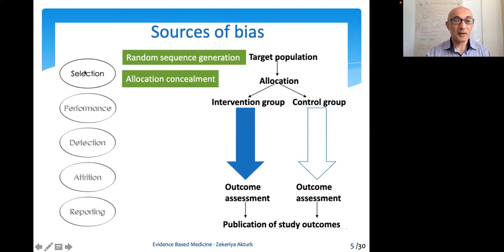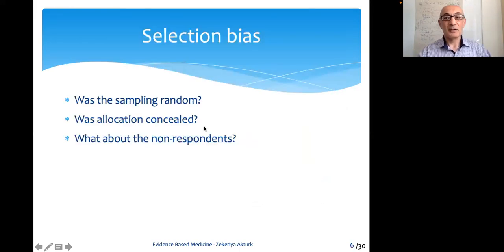And here you see the order in which you will come across the different types of biases. Selection bias right at the beginning, then performance bias, detection, attrition, and finally reporting bias might happen. The foremost important is the selection bias.